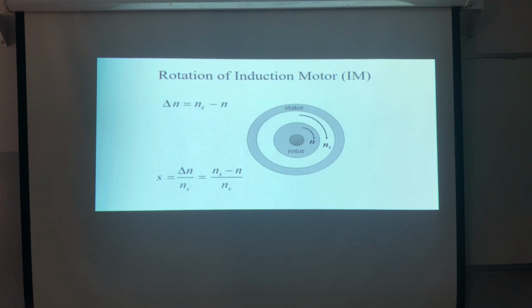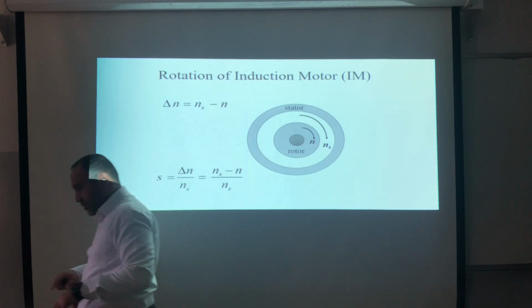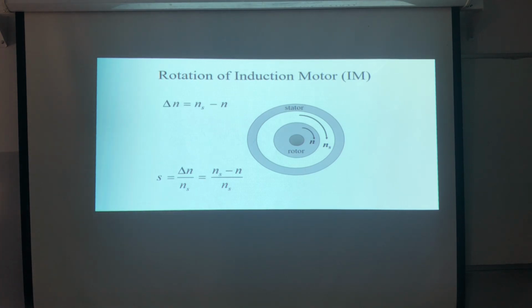Now, you know that at first, if I energize the stator by a current, this will produce flux. Now, this flux will induce a voltage on the rotor, correct?